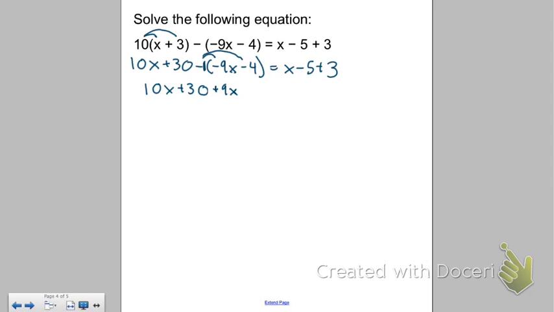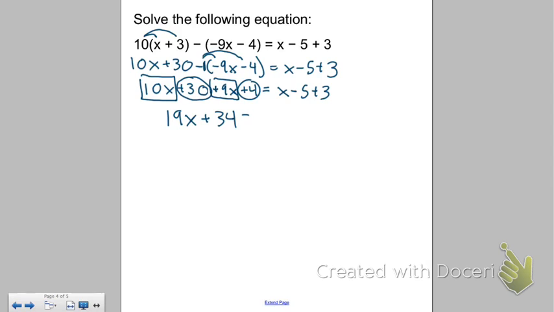Negative 1 times negative 4 gives me a plus 4, equals x minus 5 plus 3. I still look to see if I have to simplify my left-hand side. I have like terms, 10x plus 9x. 10x plus 9x gives me 19x. Plus 30 plus 4 gives me plus 34.